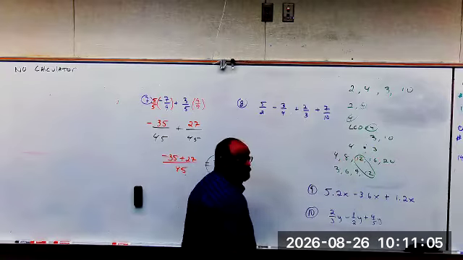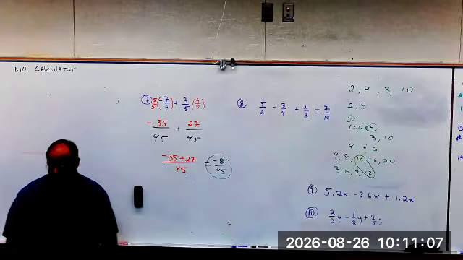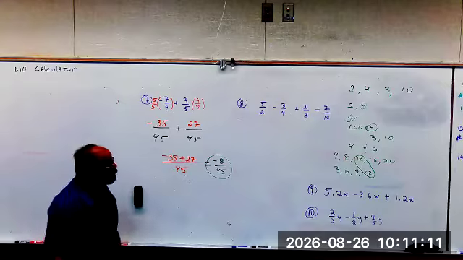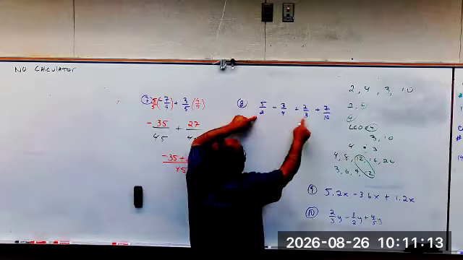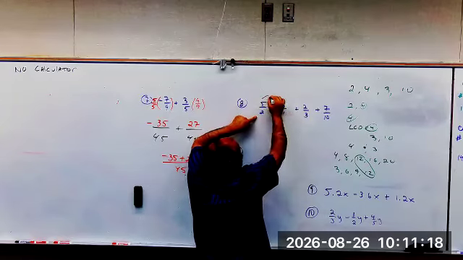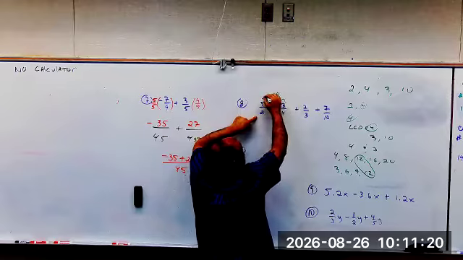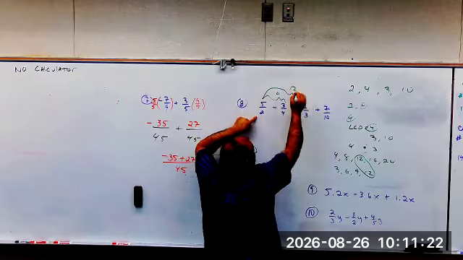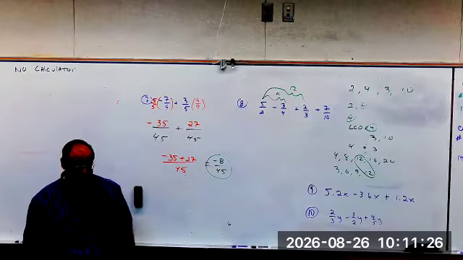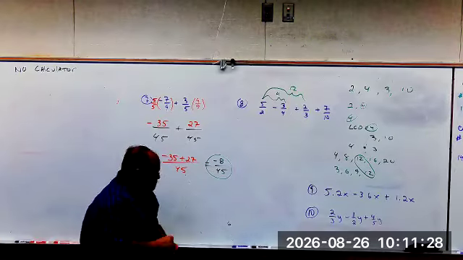That's the least common denominator for 4 and 3. So the least common denominator for 2, 4, and 3, for these 3 numbers: for these 2, it's a 4, but for the first 3, that's a 12. Does that make sense? Yeah. Okay.